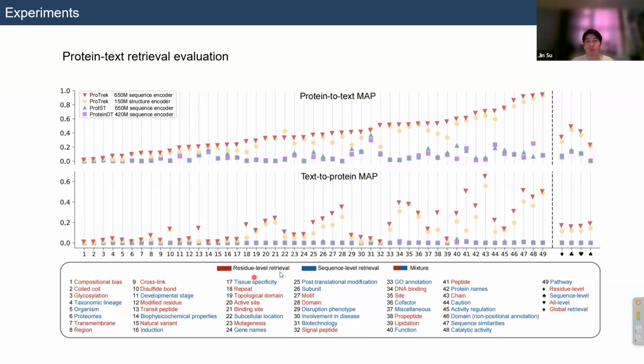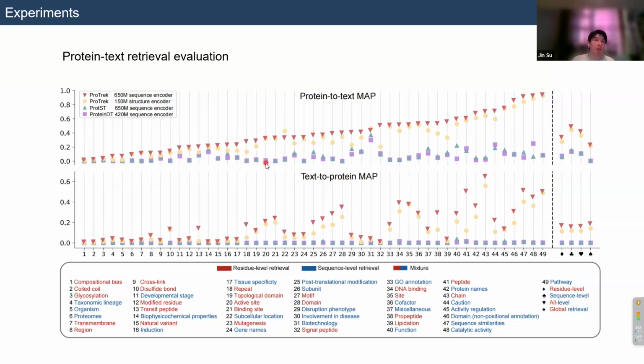So in some residue level retrieval, ProTrek may not perform that well, but for sequence level retrieval, it can be very accurate. And we also validated it using some newly released literature. We use proteins from new literature, we predict their function, and we found the predicted function corresponds to the function described in the literature.